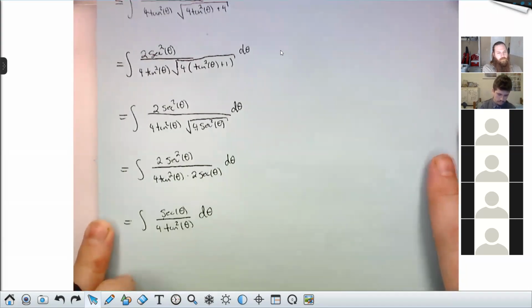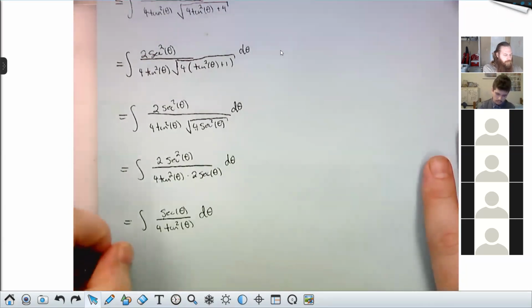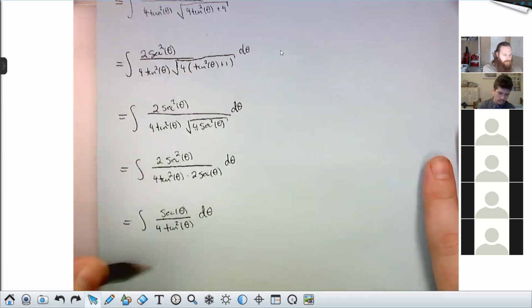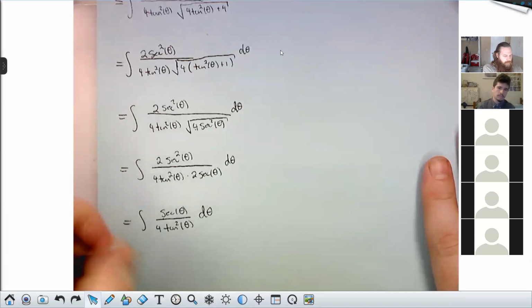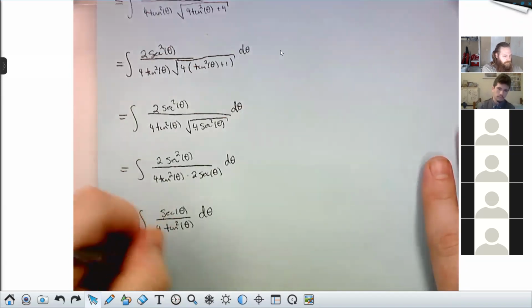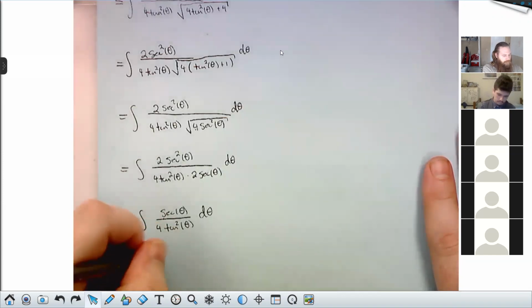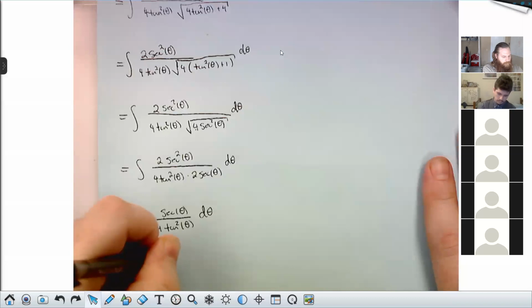That 4 is downstairs, so it can pop out as a 1/4. And I always wait till this step because you never know how these constants are going to mesh together. But now that all the constants are taken care of, I'll pop out the 1/4. And then secant theta over tangent squared theta I'll just write it like that for now.